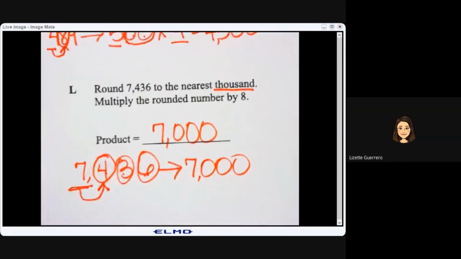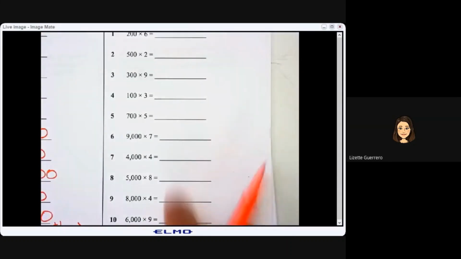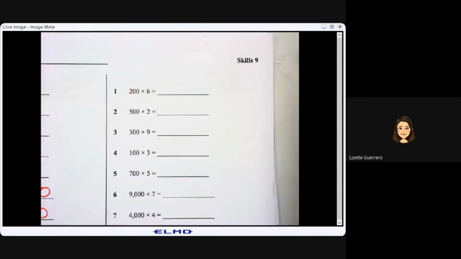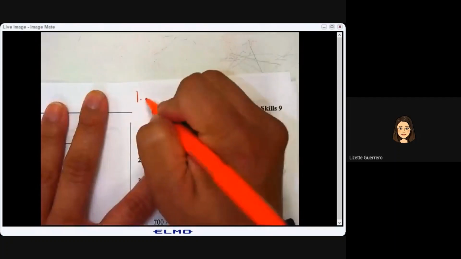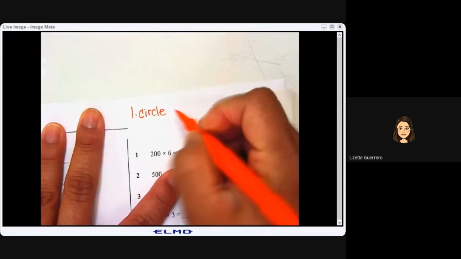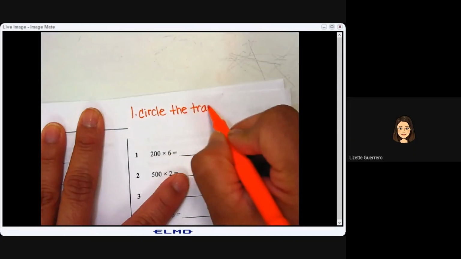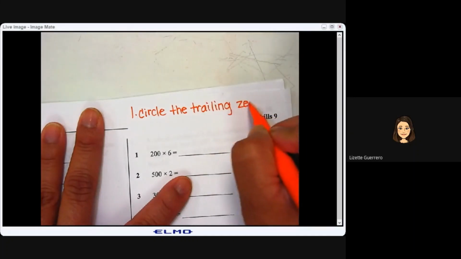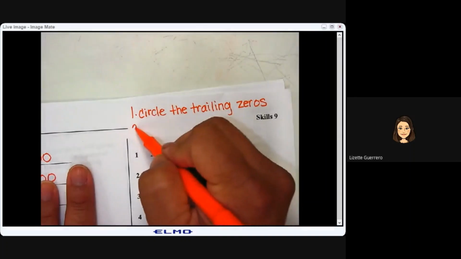Okay, now you will work on numbers 1 through 12 on your own. Remember to circle your trailing zeros. I'm going to write your steps up here, and you can copy this in your notebook. 1, circle the trailing zeros.